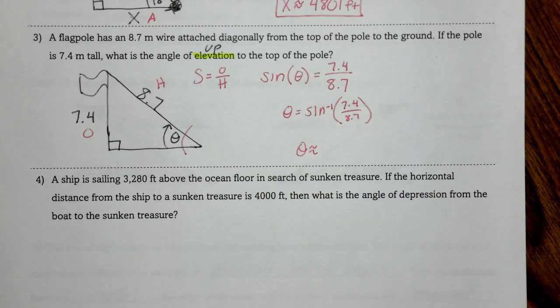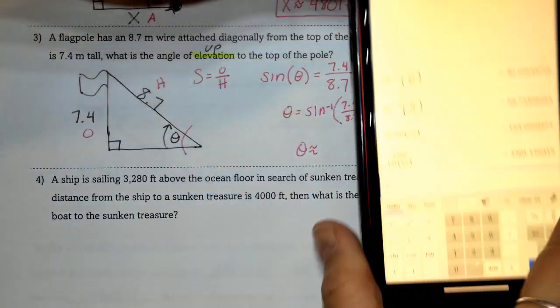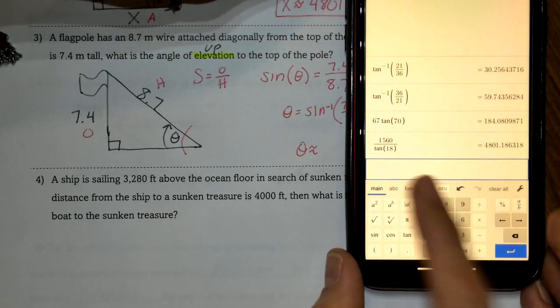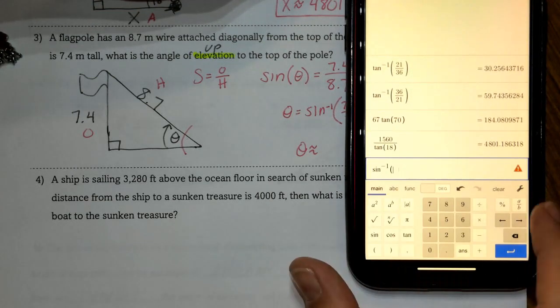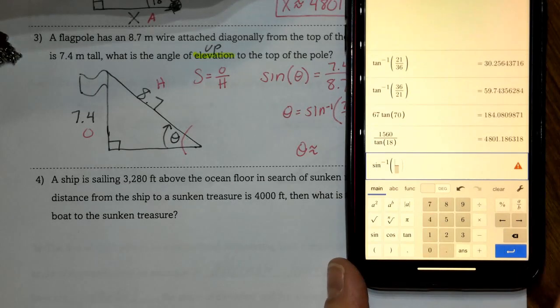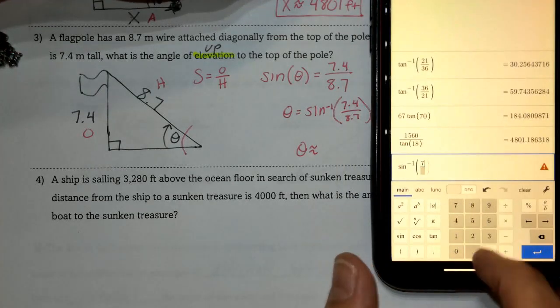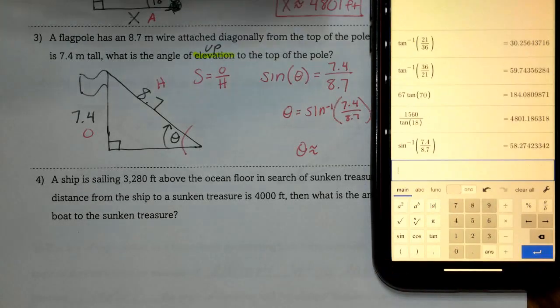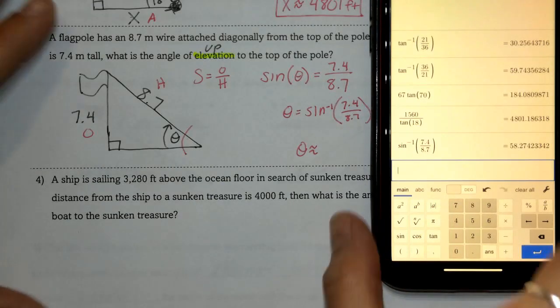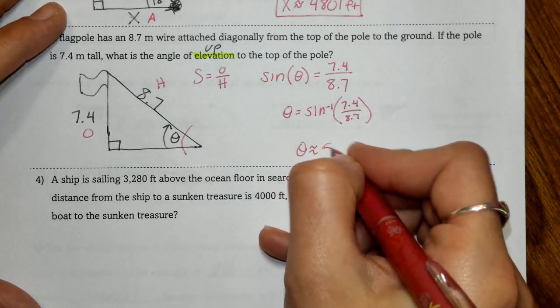Rounded to the nearest whole number, again with the calculator, we're going to go to the function button, go to the inverse sine, back to main, A over B. We're going to go ahead and type in 7.4 over 8.7. Rounded to the nearest whole number, this will be 58 degrees.